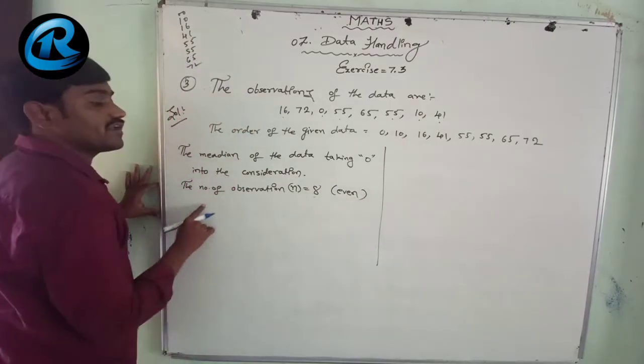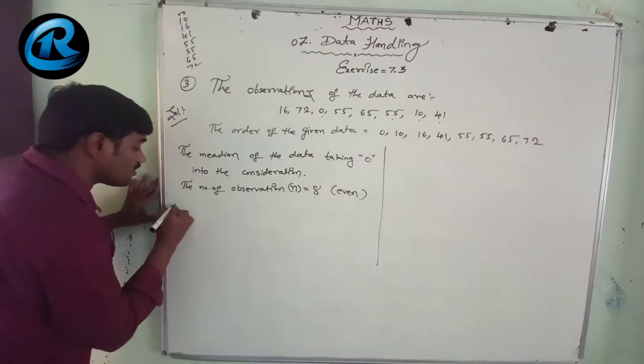If the number of observations is even, what is the formula for the median?